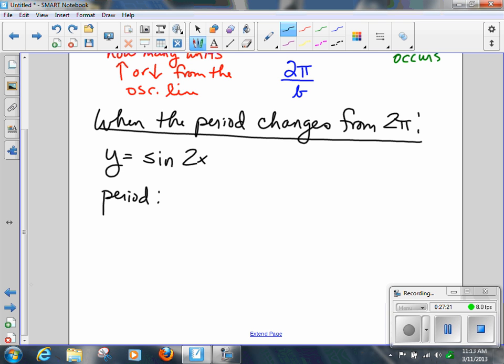I know we've been going through the reflection, amplitude, period, but I just want to focus on period right now. The period is 2 pi divided by who in this case? 2. Which, when we reduce it, becomes what? Pi.